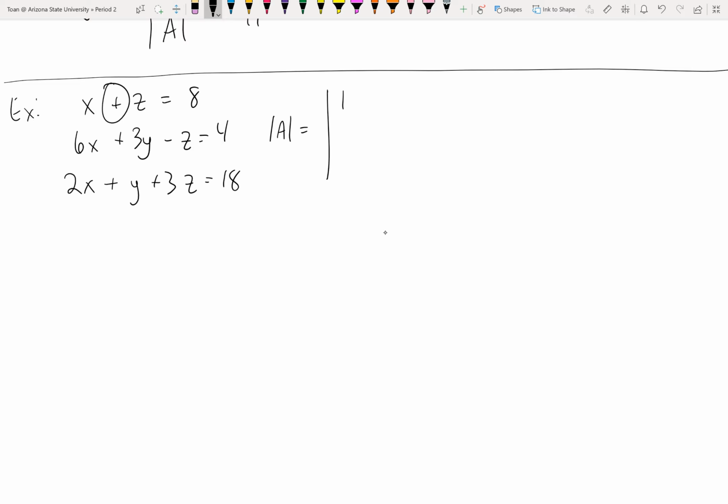Notice I'm missing a y here, so that's going to be a 0. Then 1; 6, 3, negative 1; 2, 1, and a 3. This one I can't do in my head, so I have to actually write it out. So I'll copy the first 2 columns on the outside: 1, 0, 6, 3, 2, 1. And let's do our diagonals here. So that's going to be a 9.